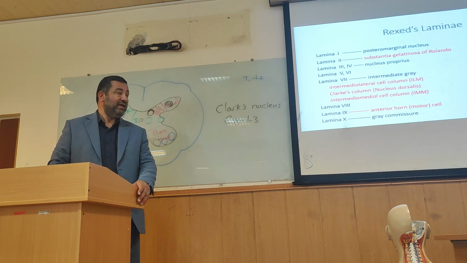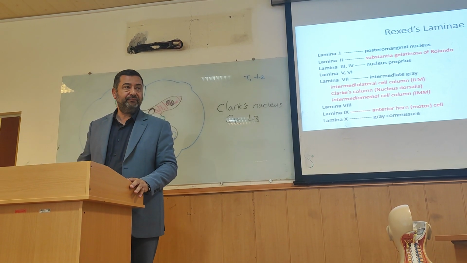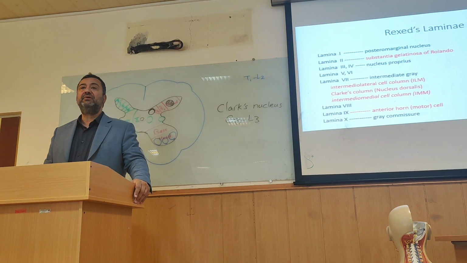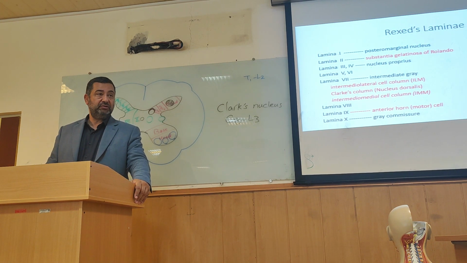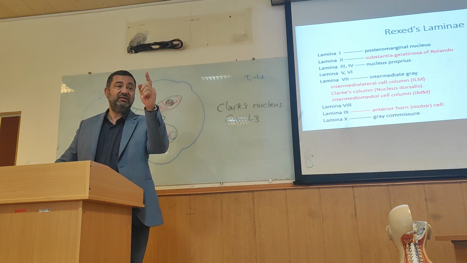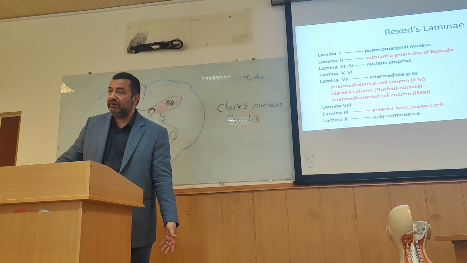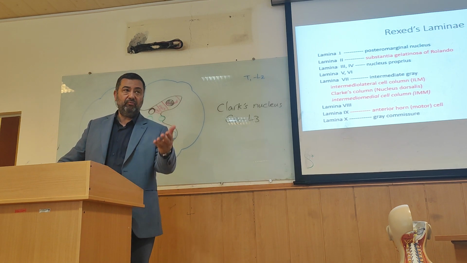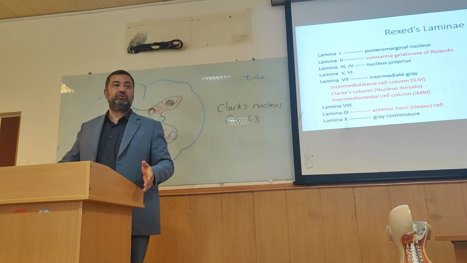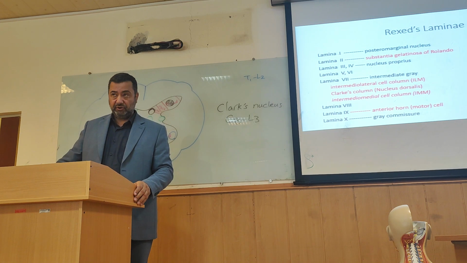Lateral group is for innervation of upper limb and lower limb. Innervation of the upper limb is from cervical enlargement, C4 to T1 segments. And lower limb is from lumbar enlargement, L1 to S3 segments of the spinal cord. Is it clear?